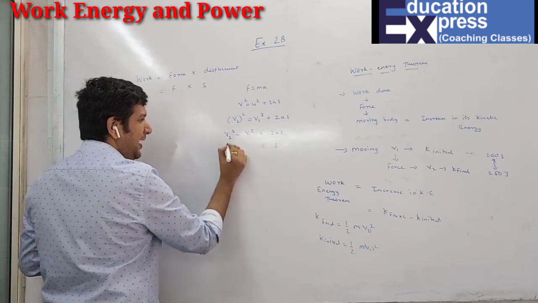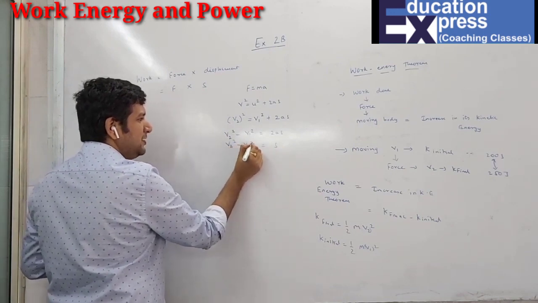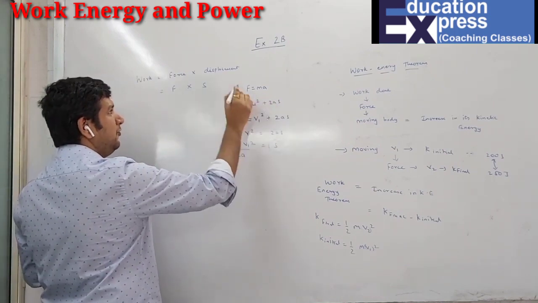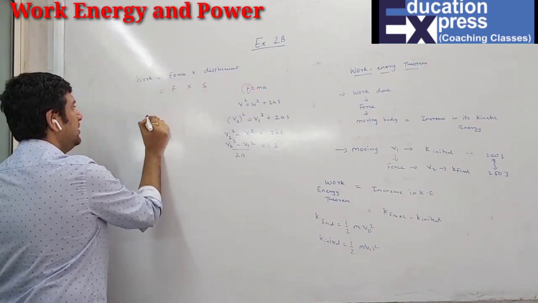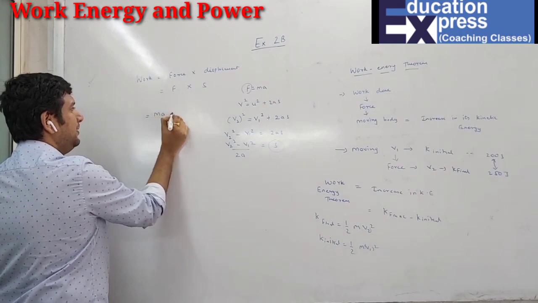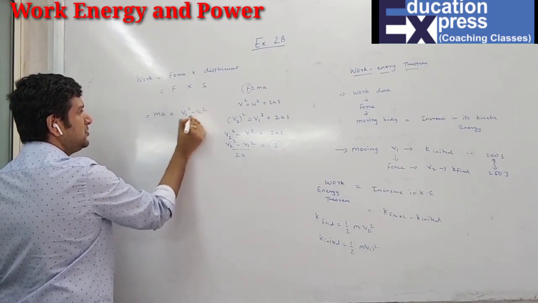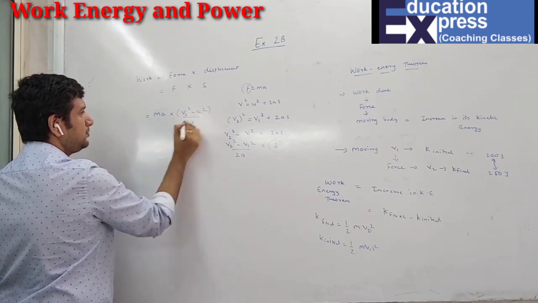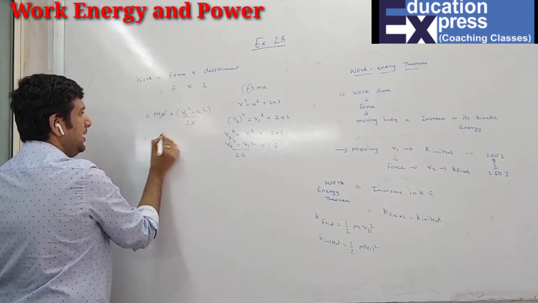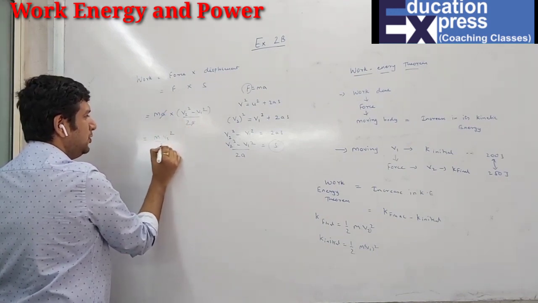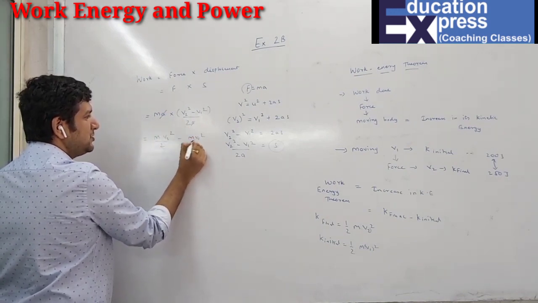Now we find the value of s, that is v2 square minus v1 square upon 2a. Now we have the value of s and the value of F, and we'll substitute. F is ma, s is v2 square minus v1 square upon 2a. a will get cancelled. Hence what you will get is mv2 square upon 2 minus mv1 square upon 2.